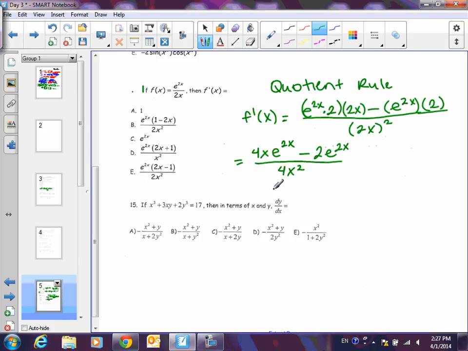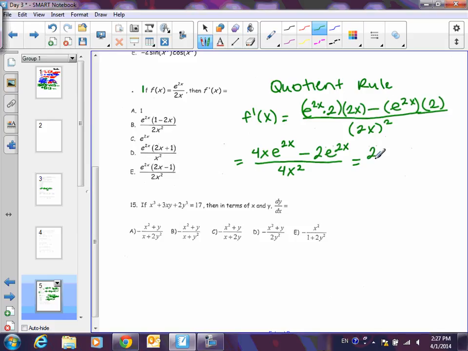Okay, can I cancel out these 4s? If you do this, I will physically cry tears on your paper. You cannot do this. You can't cancel this x out with this x. The only way you can simplify from here is to factor, and what you factor out can simplify with the denominator.